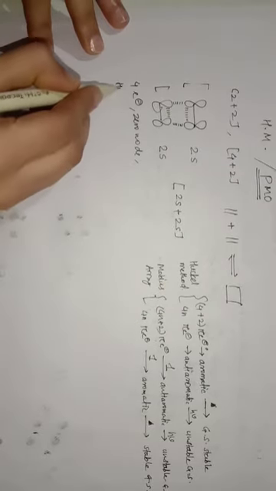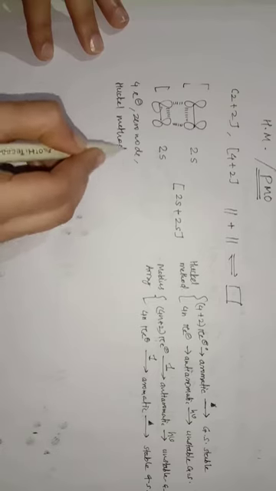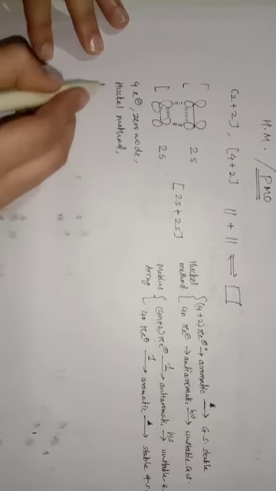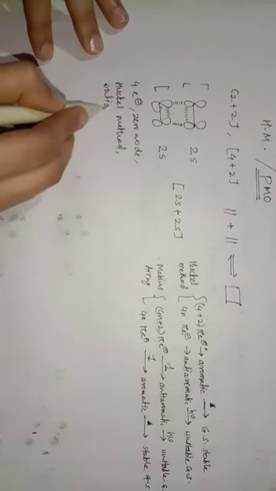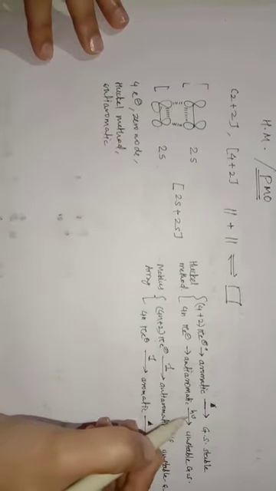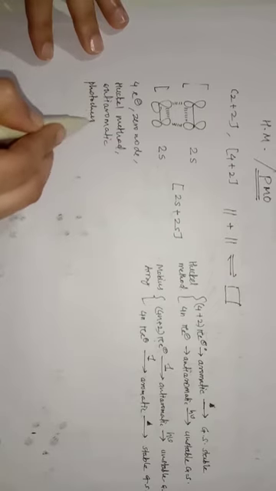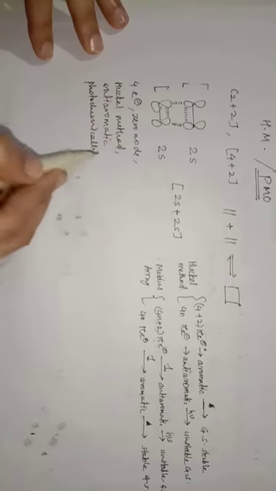Then it is a Huckel method. As it is a 0 node, it is a Huckel method and it is anti-aromatic, so it is photochemically allowed.